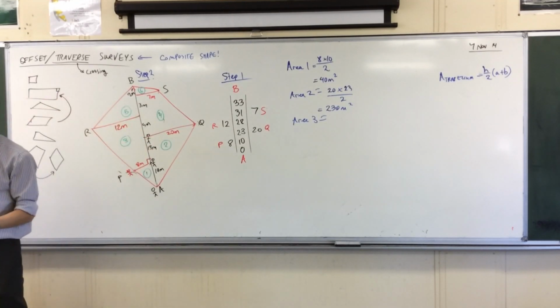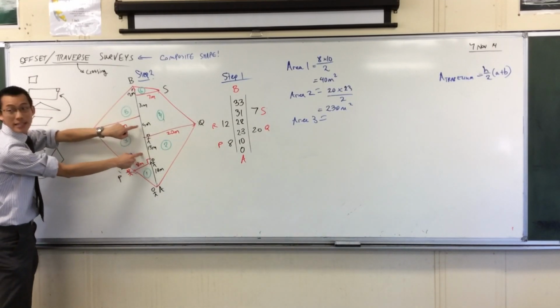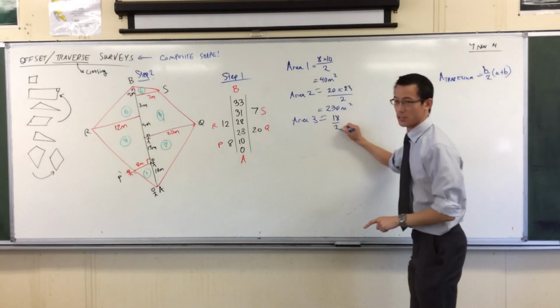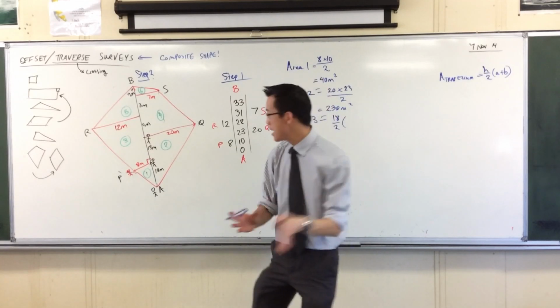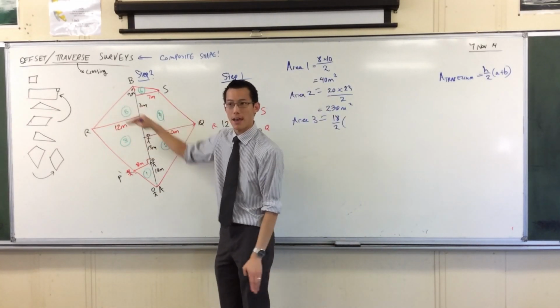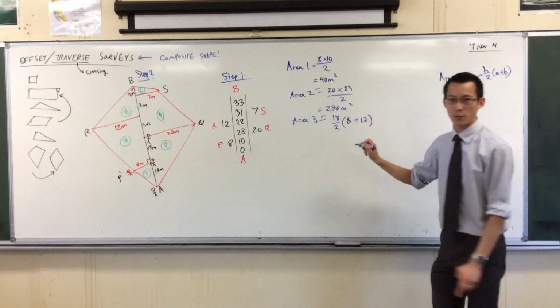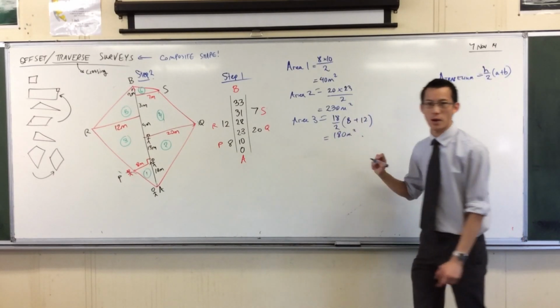What is the height of this trapezium? It's going to be this distance here, isn't it? 13 plus 5. That'll be the 18. 18 over 2. And then I'm going to multiply by a plus b. A and b are the parallel sides, right? So it's going to be 8 plus 12, which is 20, which is a bit convenient. So you're going to get 180 meters squared.